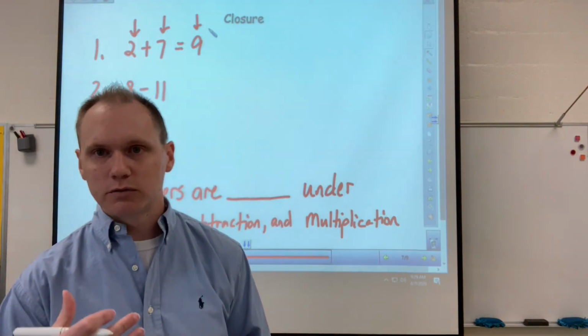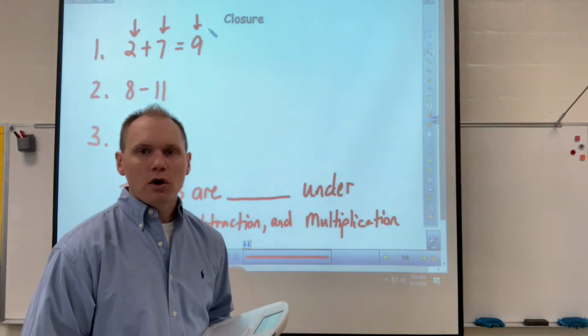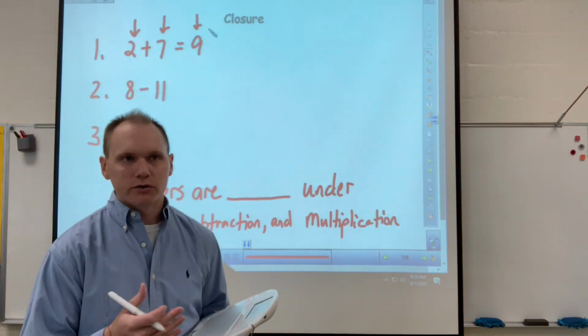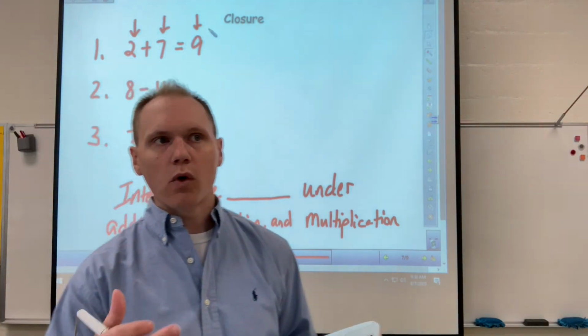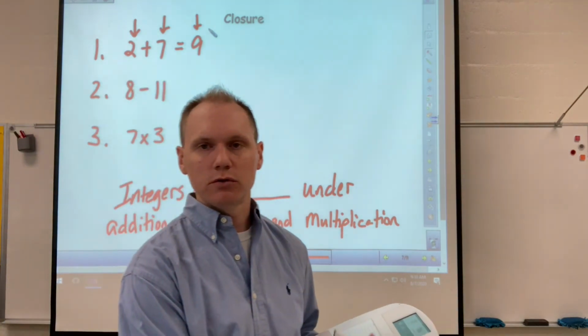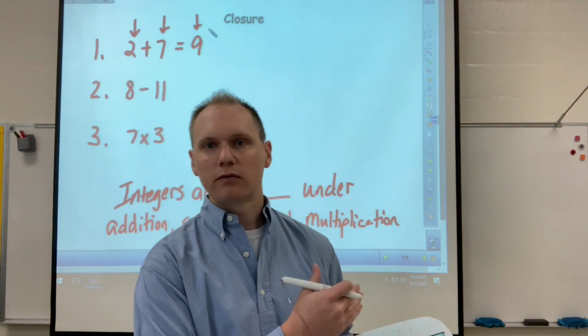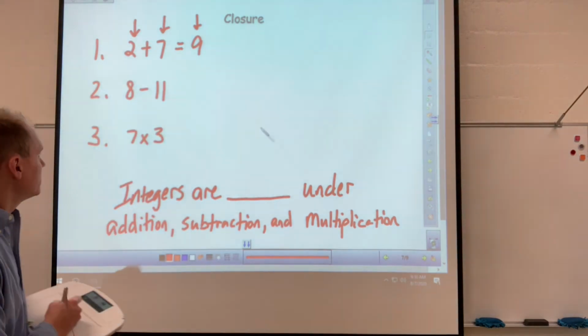But it actually includes positive and negative whole numbers and 0. So for example, 1, 2, 3, 4, 0, negative 1, negative 2, negative 3, negative 4, negative 5. Those are all integers. So integer plus an integer equals an integer.